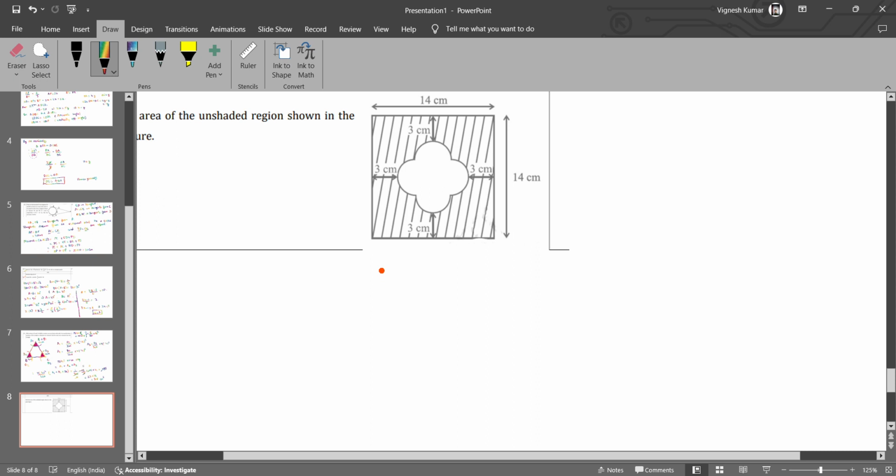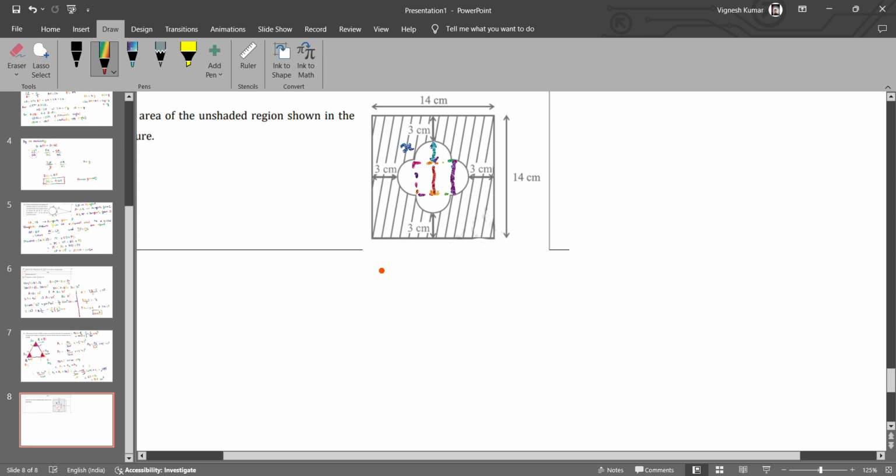See, if you join these four ends, you will form a square here, and you don't know either the length of the side of the square or the radius of the semicircle. So let us suppose I will take the radius of the semicircle as x. Since the radius of the semicircle is x, all these four semicircles will have the radius x, and this is the diameter of this semicircle, which is equal to 2x.